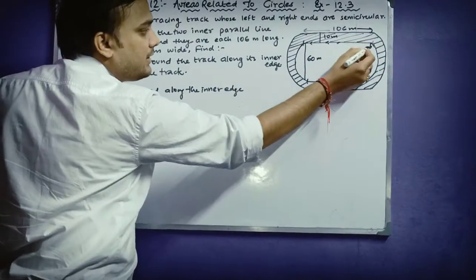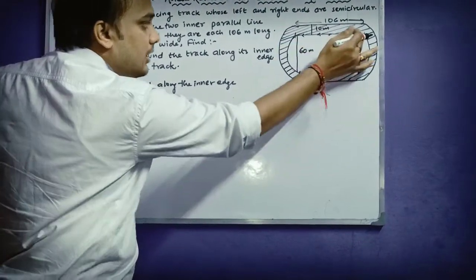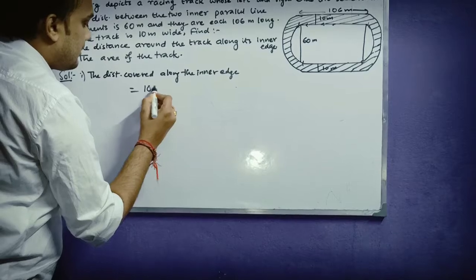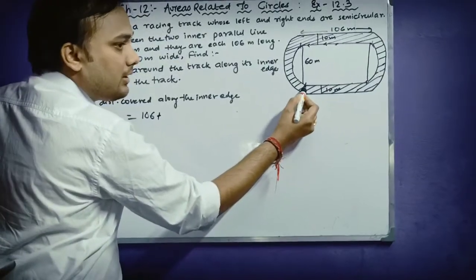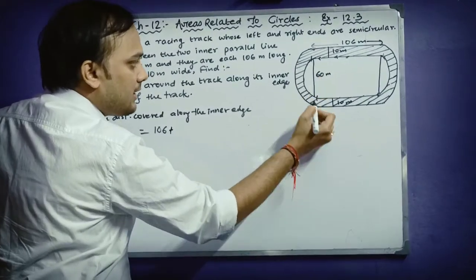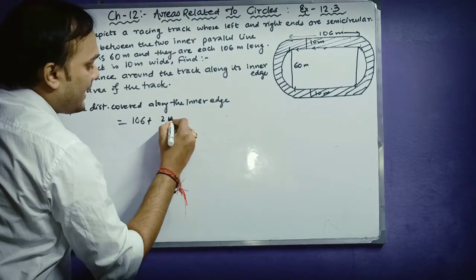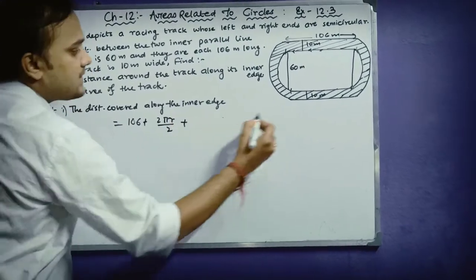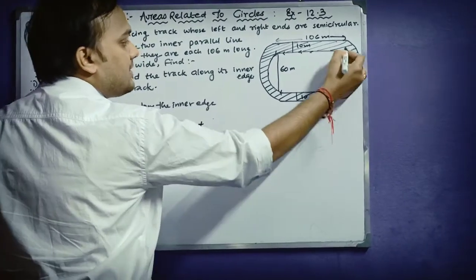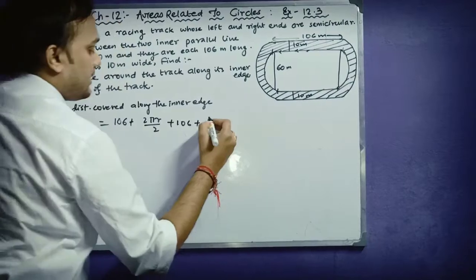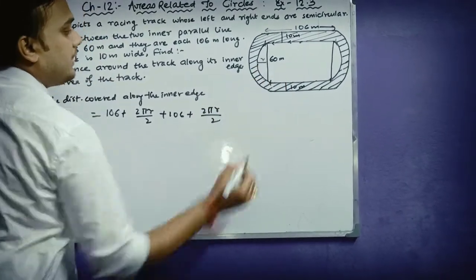If the runner starts running from here, he will come along this side. First he will come here, so the total distance is 106, plus from here he will come here, which is the circumference of the semicircle, that means 2 pi r by 2, plus again he will go from here to here, that is 106, and finally he will again cover the circumference of the semicircle, 2 pi r by 2, where r is the radius.